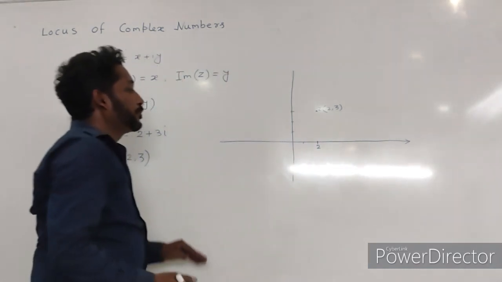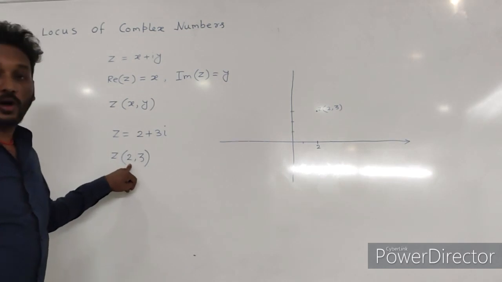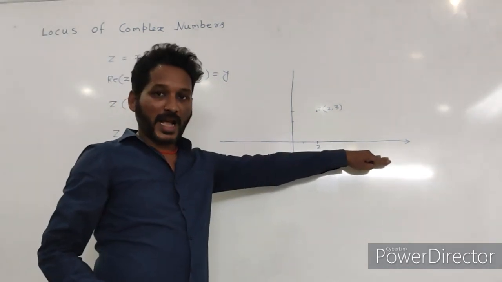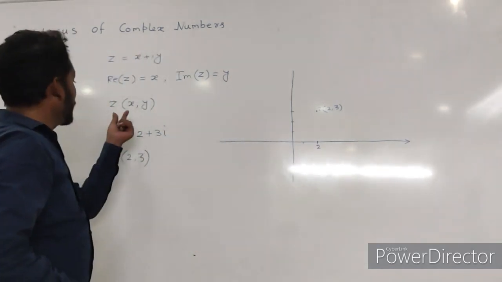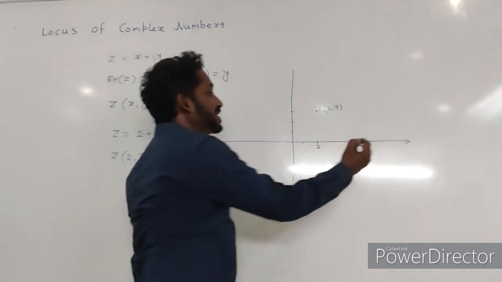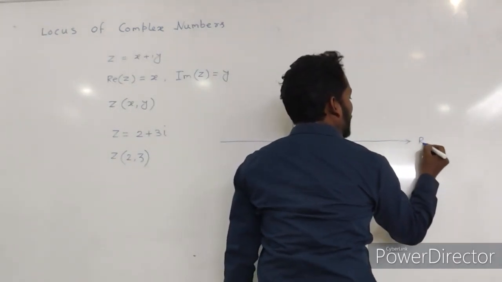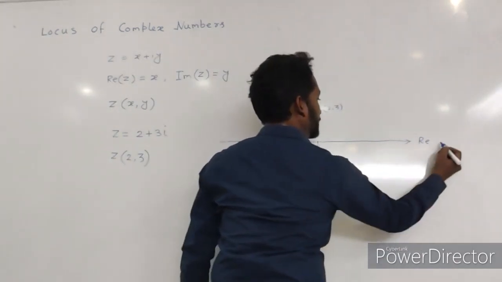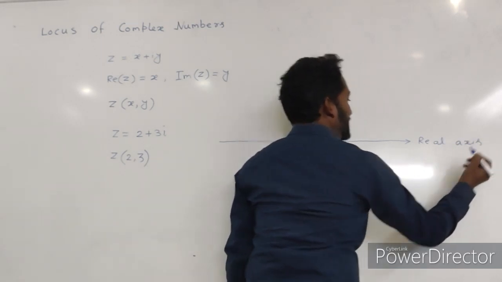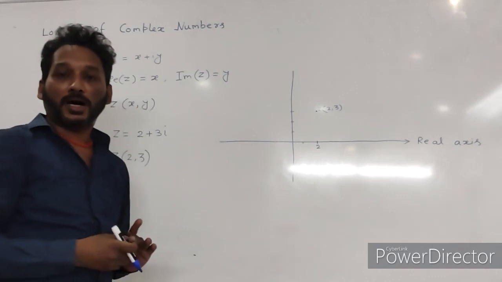Now let's see that we are plotting the real part of z, that is x, along the x-axis. So that's why this axis is known as the real axis. Along this axis we'll plot the real part of z.